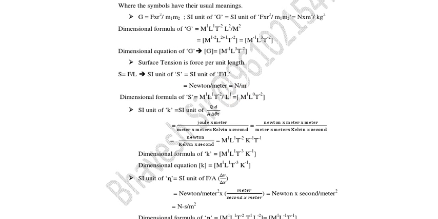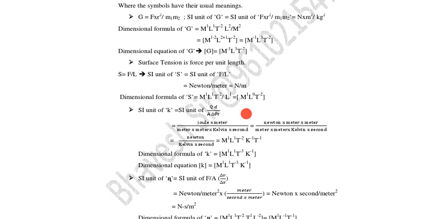Now to determine the dimensional formula, write the dimensional formula for force, M1 L1 T minus 2, and for meter, the SI unit of length, we use L, so L raised to power 1. By solving you will get M1 L0 T minus 2. So this is the dimensional formula for surface tension. Now you equate the physical quantity with this, and you will get the dimensional equation.